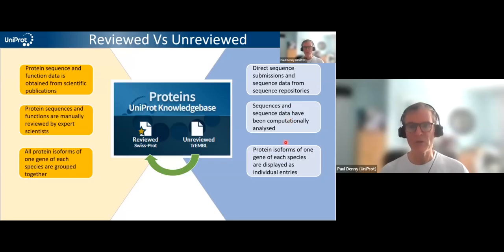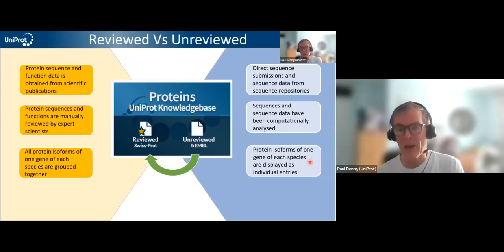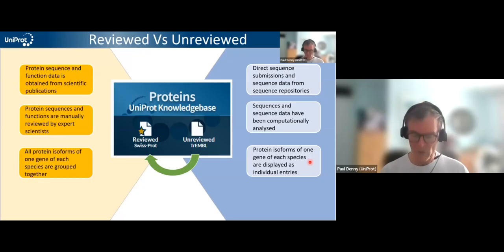And one difference between the two data sets, other than the fact that the gold star set, the reviewed set, has been checked manually by curators, is that protein isoforms derived from the same gene for a particular species are not grouped together in the unreviewed set, or the TrEMBL set as we refer to it.